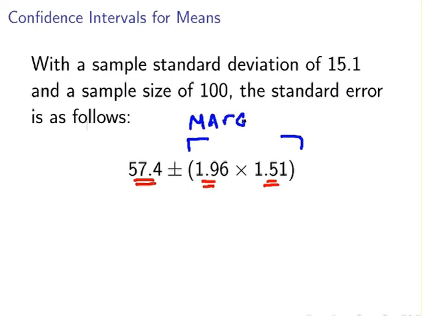It's quite handy to know that actually sometimes. So anyway, what we have to do is calculate this. So it works out as 57.4 plus or minus, we're multiplying these two numbers out. We're just going to round it to two decimal places. It works out to be 2.96.